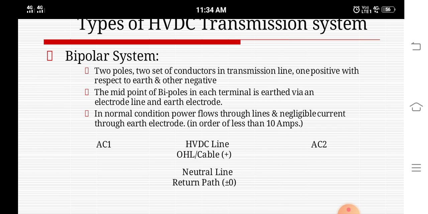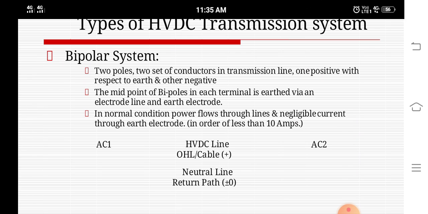Next, let us see the bipolar system. It uses two conductors, one positive and one negative. Each terminal has two converters of equal rated voltage connected in series on the DC side. The junction between converters is grounded. Then currents in the two poles are equal and there is no ground current.